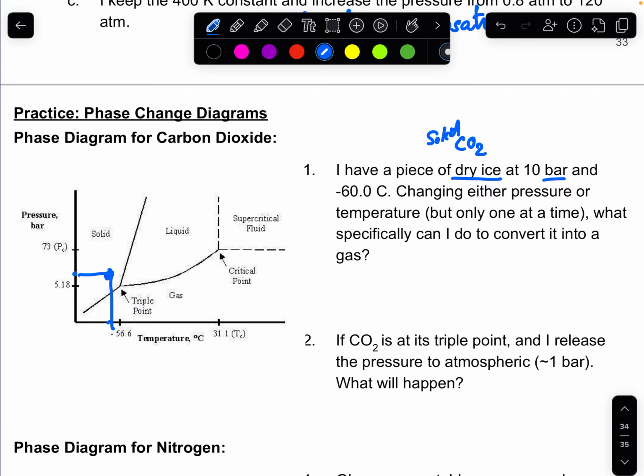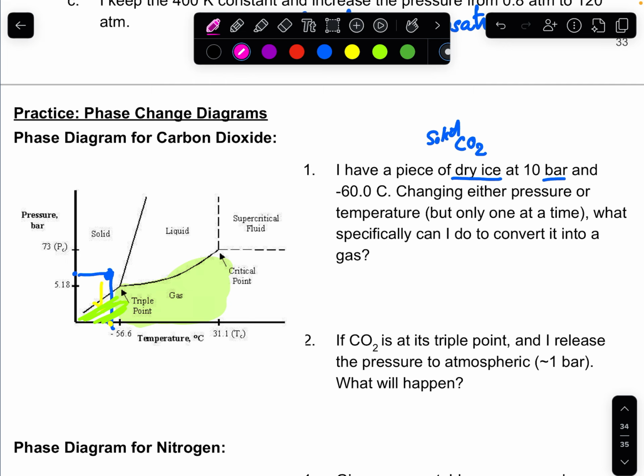I want to convert that into gas, so I have to bring this point into this region, the highlighted one. So keeping minus 60 degrees Celsius the same, you can lower the pressure. If we lower the pressure, we can reach the green area, which is the gas area.